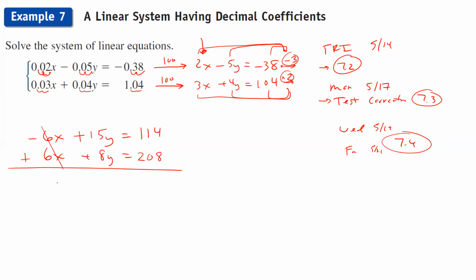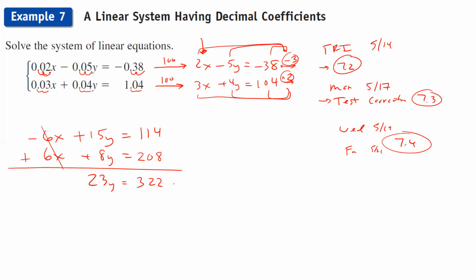Tristan, all yours. Give me the next line. Equals 322. Okay, awesome.